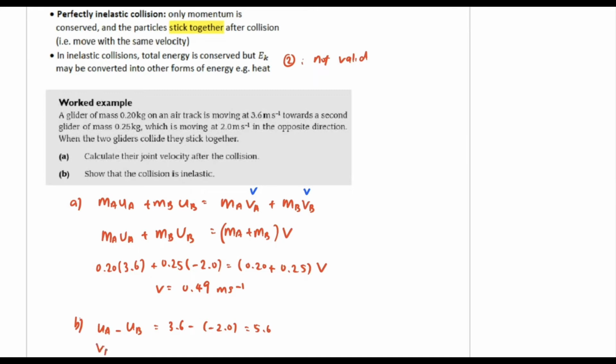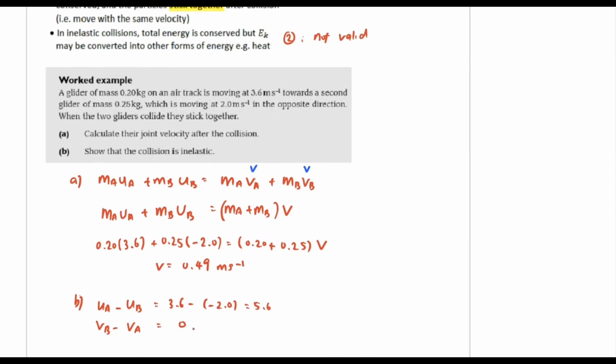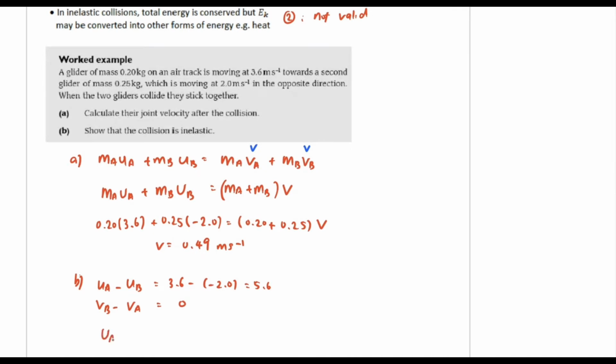VB minus VA: since they have the same velocity, it should end up with 0. It's 0.49 minus 0.49 equal to 0. Then at the end, we can say that UA minus UB is more than VB minus VA, and hence inelastic. So that is how we show it.